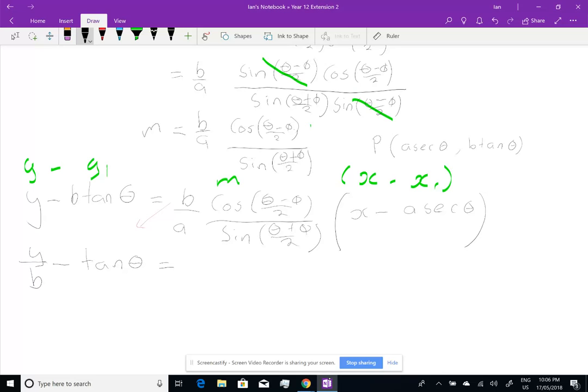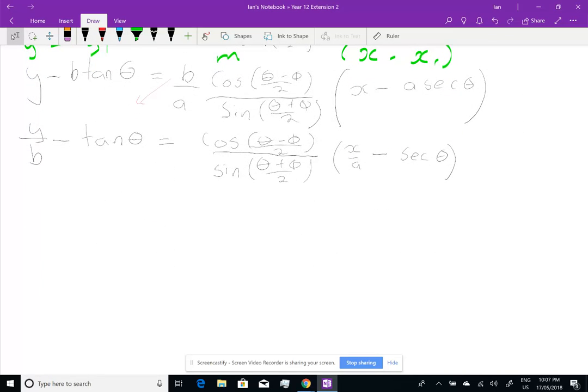I'm going to just leave this cos theta minus phi on 2 on sine theta plus phi on 2. I'm going to put the a into this x bit, so I'm going to have x on a, and the a will cancel with this one, so I'll just get sec theta. Okay, now we're feeling much better.